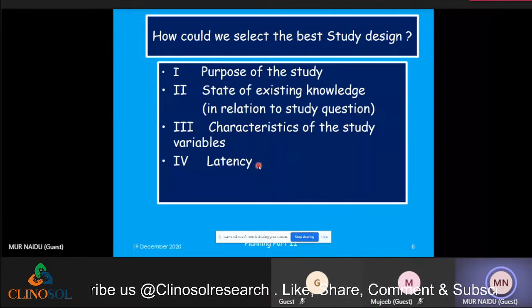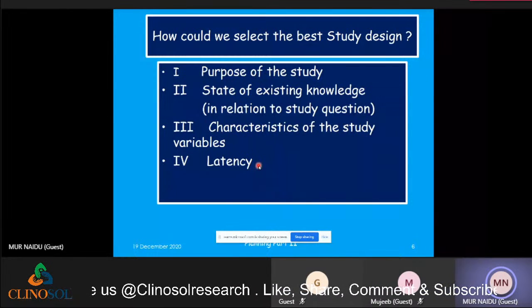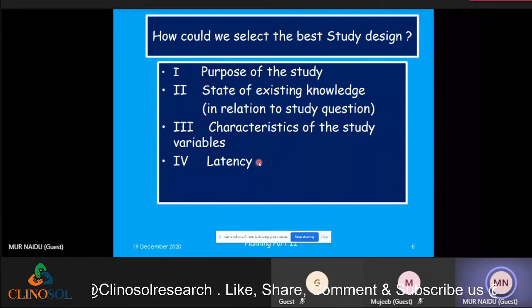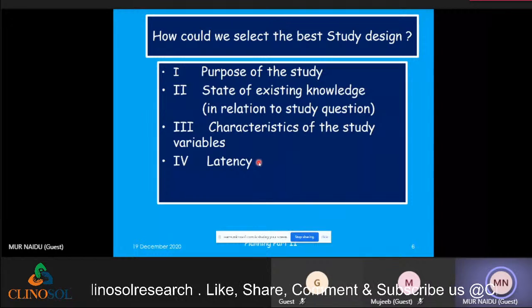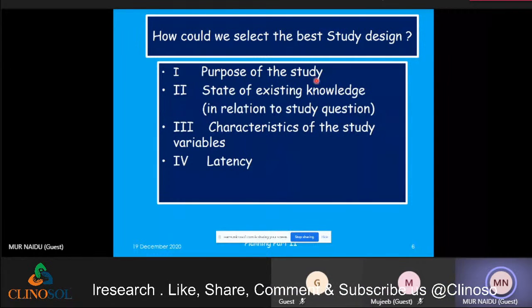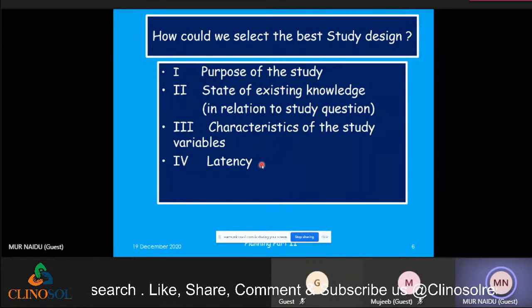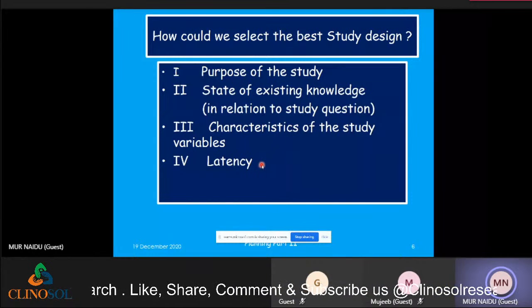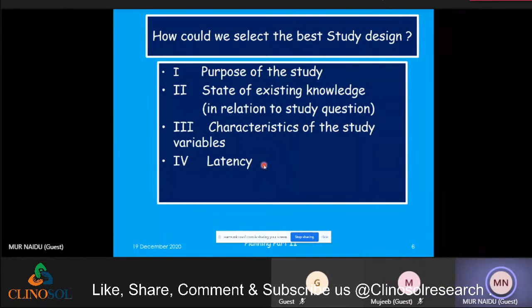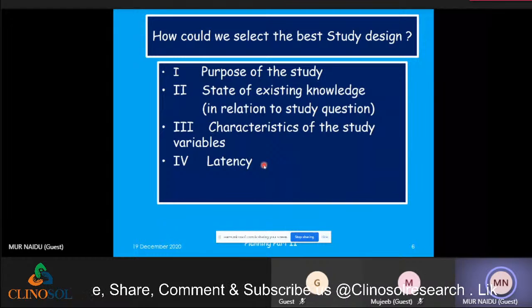So depending on the total duration of the study also, it will be very important. If your study is going for a very long time, you should be very careful in designing the best study. In the next slide, I will also give you the example of how latency affects the clinical trial design.